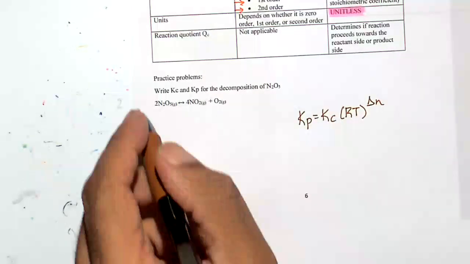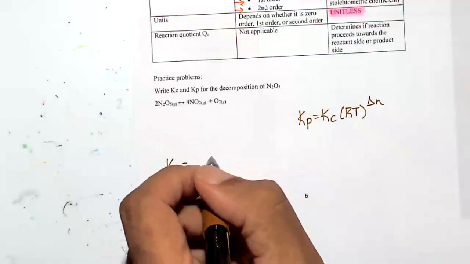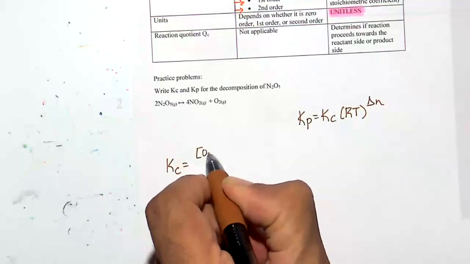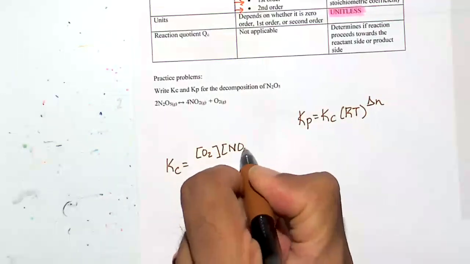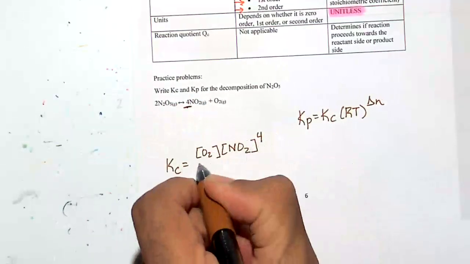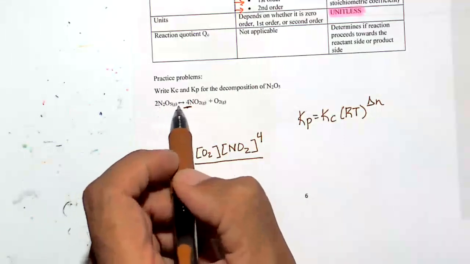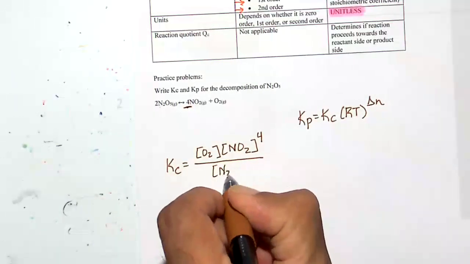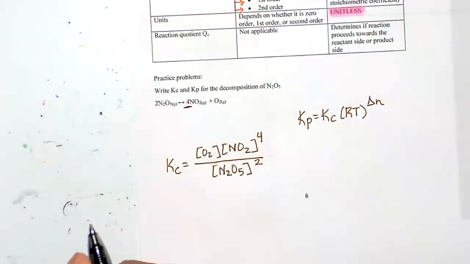We know Kc here is the concentration of products: the concentration of O2, the C stands for concentration, times the concentration of NO2, raised to what power? 4, divided by the concentration of reactants, which should be raised to the 2 power.